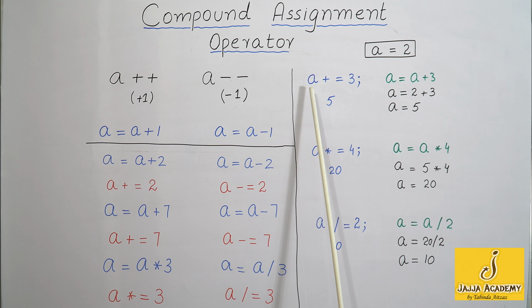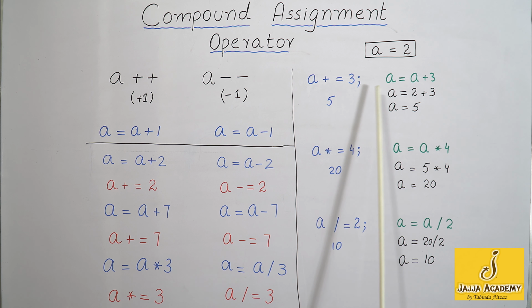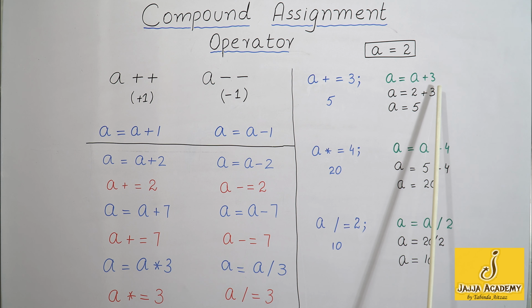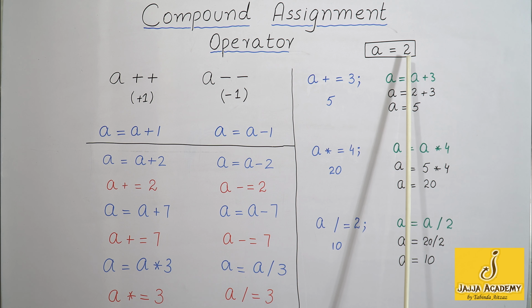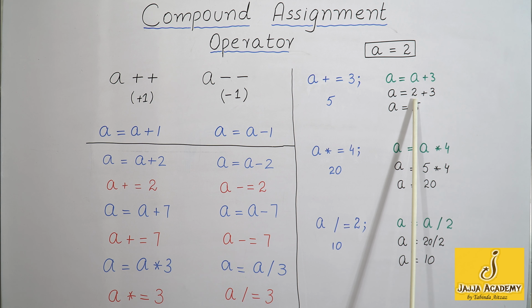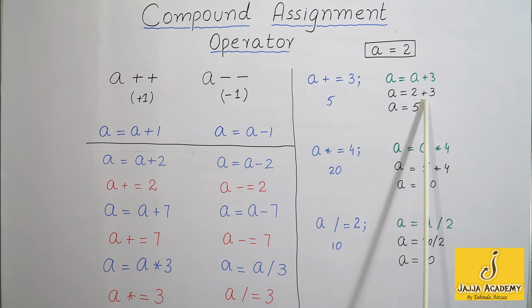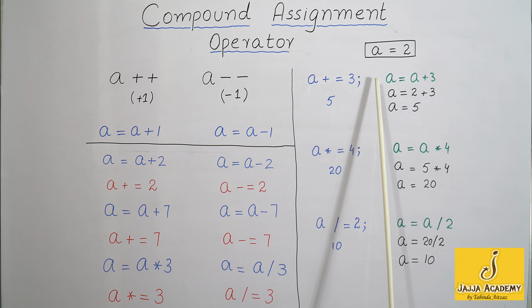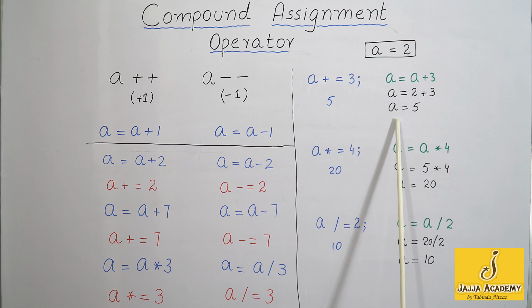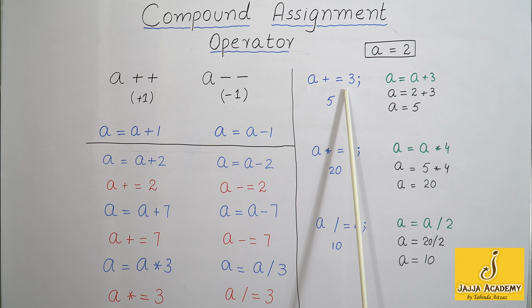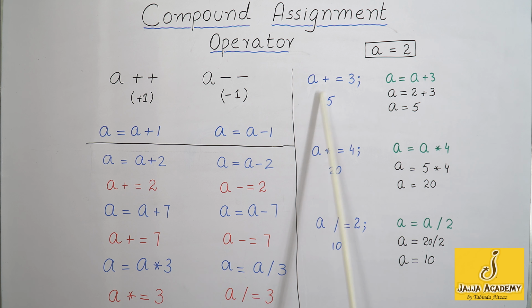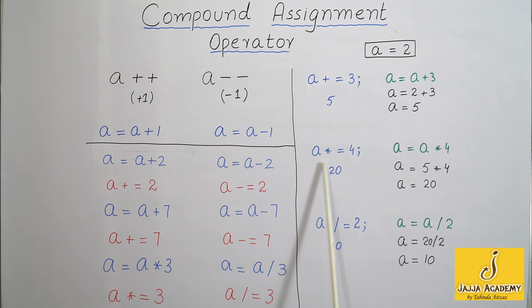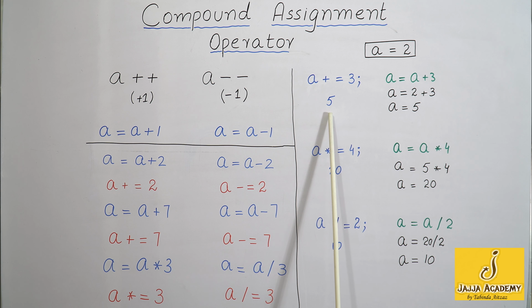The working behind this statement is just like A is equal to A plus 3, and the value of A is 2. So putting the value of A, 2 plus 3 is equal to 5. The working of this statement is just like these steps. After the execution of this statement, the value of A is changed from 2 to 5. Now, in the second step, the value of A is 5.